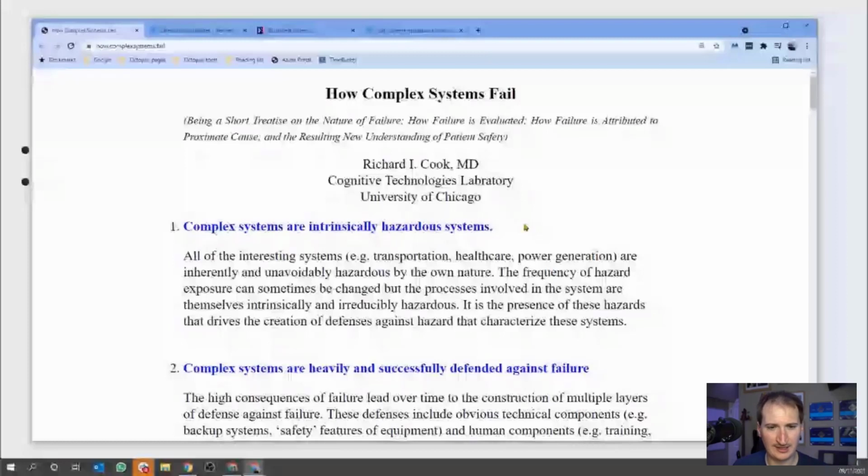First of all, complex systems are intrinsically hazardous systems, and they're heavily and successfully defended against failure. We already have all sorts of mitigating factors in our system that defend us from failure all the time. And crucially, single points of failure are not enough.